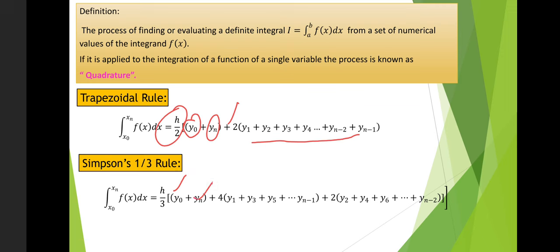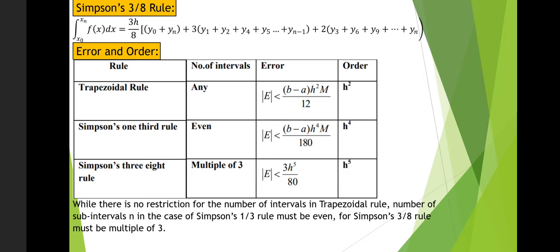The odd numbered ordinates such as y1, y3, y5 are multiplied by 4 and the even numbered ordinates such as y2, y4, y6 are multiplied by 2. Finally, multiply the entire expression by h by 3 to get the approximate value of the integral.